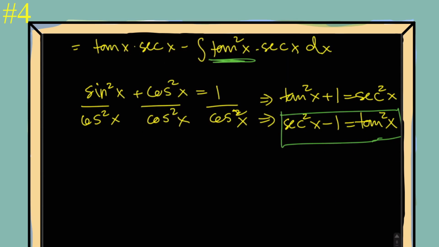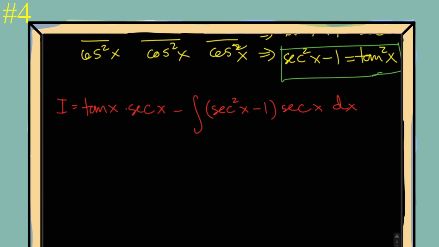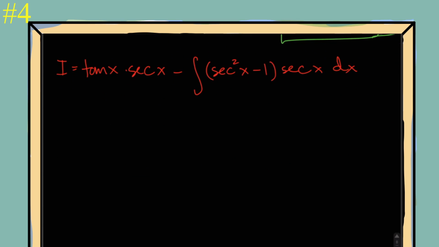So our I is going to be equal to tan x secant x from before minus the integral. Now instead of tan squared x, I'm going to put secant squared x minus 1 times secant x dx. Has this made our lives any easier? Well, we'll see. Let's multiply things out.